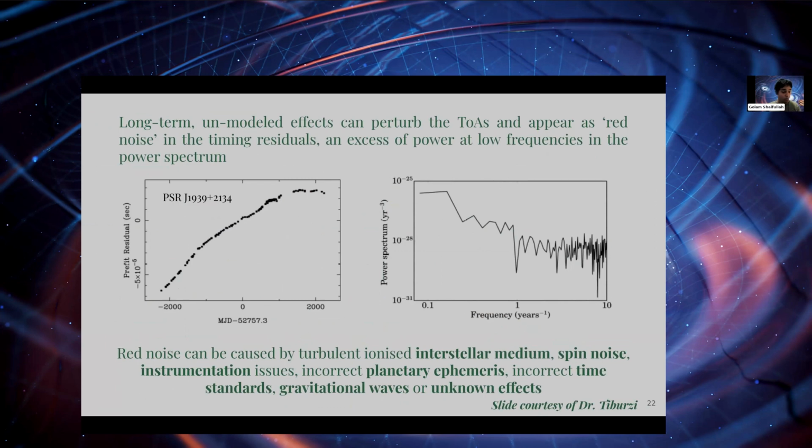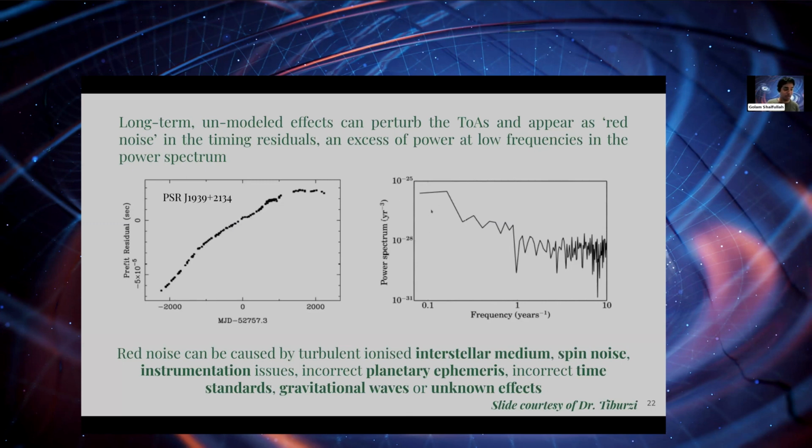So this is actually not a great example of a poorly modeled pulsar. It is, in fact, a very, very well modeled pulsar, which we have modeled for almost 40 years now. But you can see that it shows a huge amount of red noise power at the lower frequencies, which is where your gravitational wave signal lies.